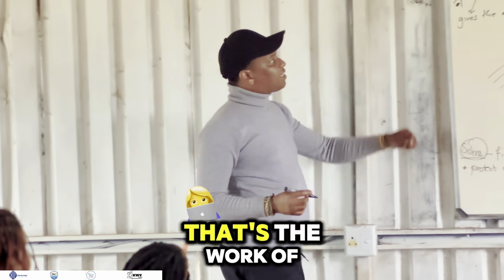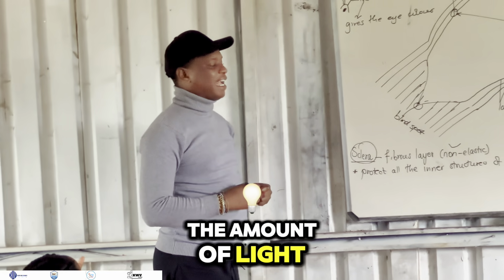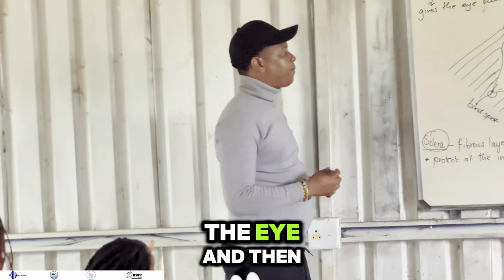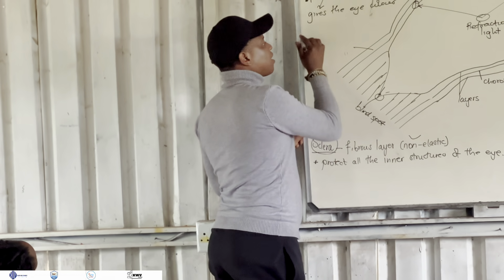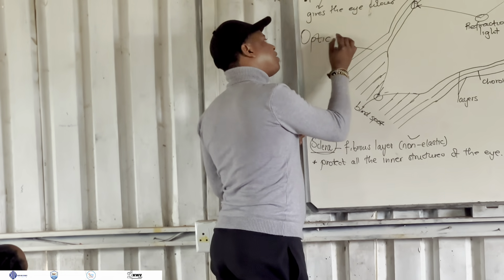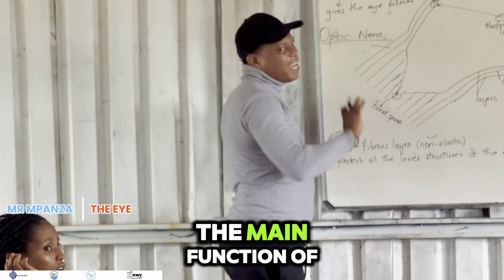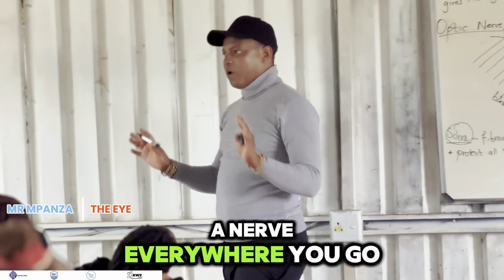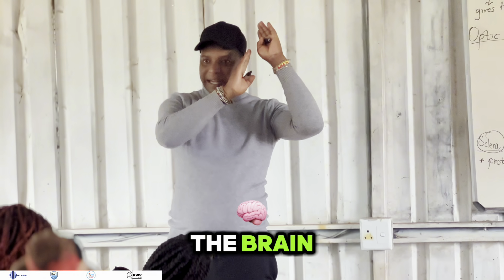That's the work of the iris and pupil working together, to control the amount of light that enters the eye. And then we have this nerve. What is this nerve? The optic nerve. The main function of a nerve, everywhere you go, is to transmit the nerve impulse to the brain.